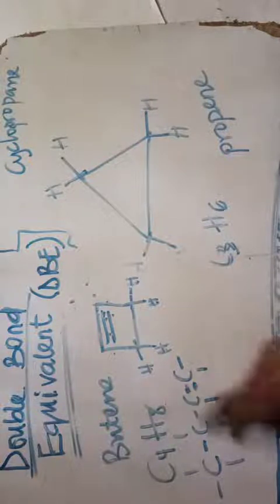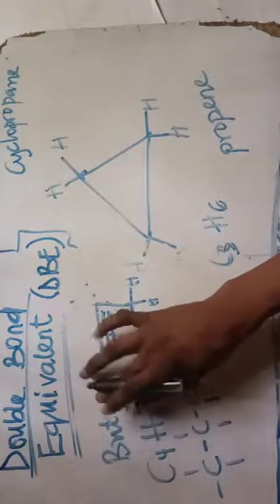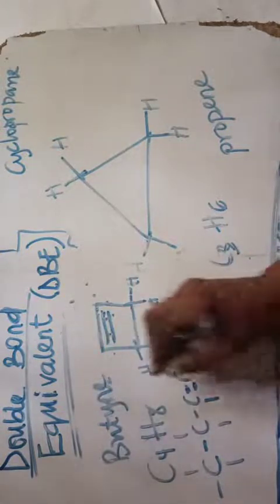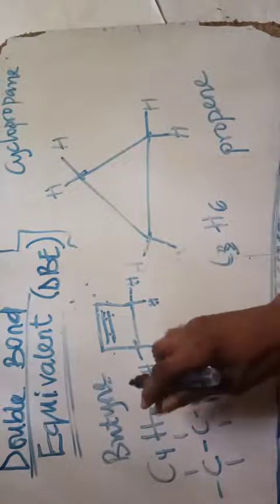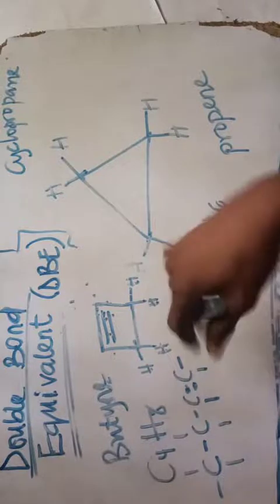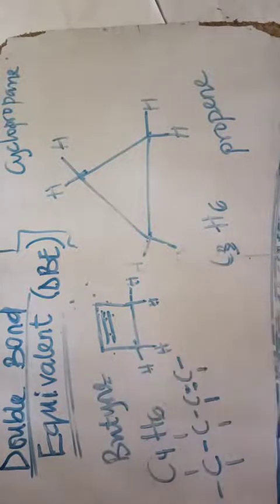So you see, you can find out here as well. In butane, we have C4H8. So if you see butane now, butane is C4H8 minus 2, right? That will be C4H6. So that means we have just 6 hydrogen present here.